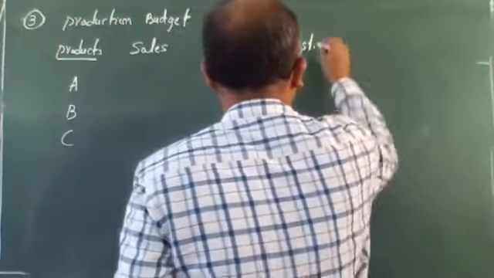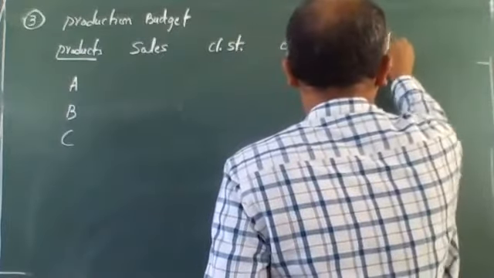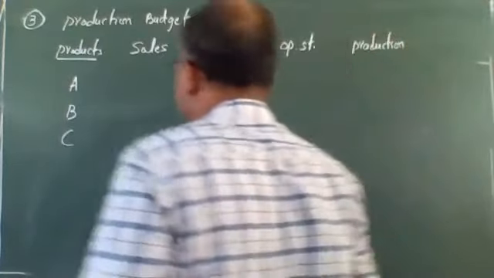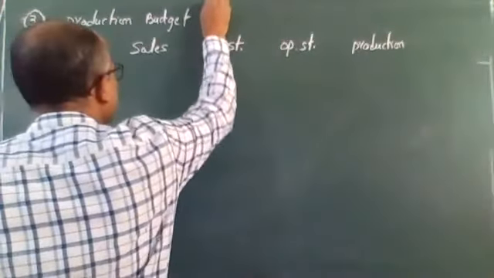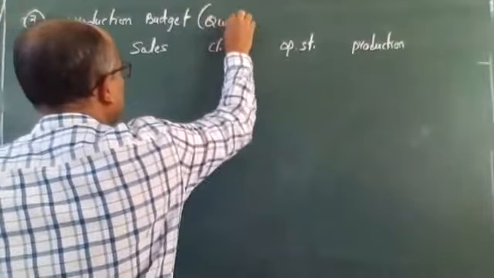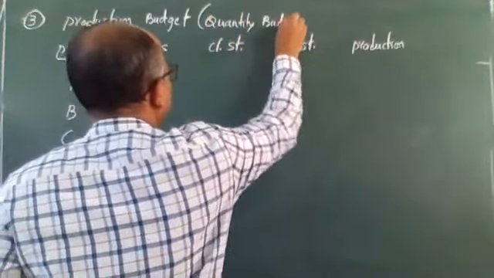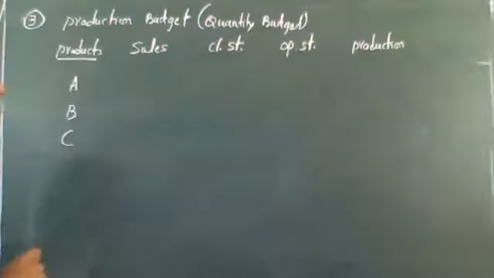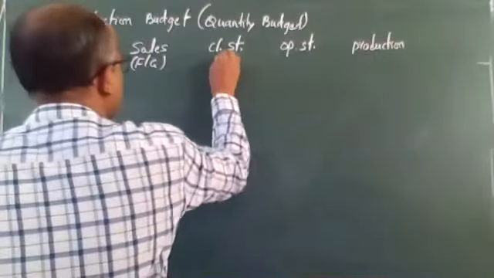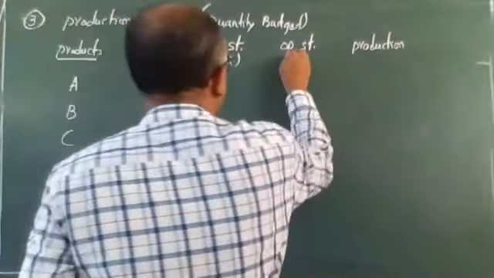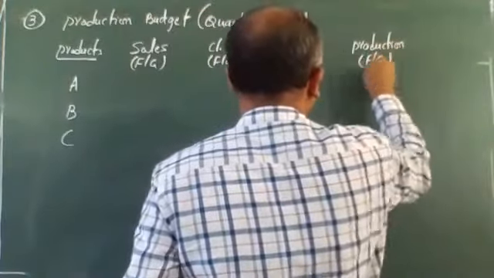Opening stock of finished products. What is the last column? Production units. Remember, this production budget is a units budget. It's a quantity budget. Why am I calling it a quantity budget? Because I have sale of finished goods plus closing stock of finished goods, minus opening stock of finished goods. So this is the production of finished goods.